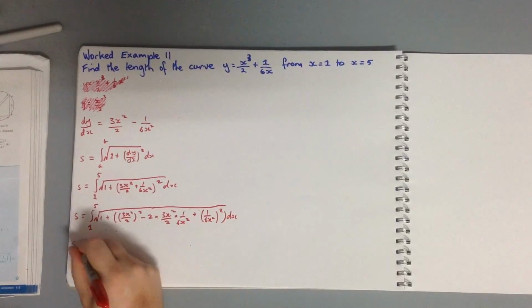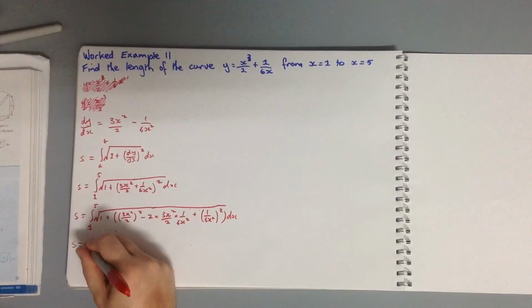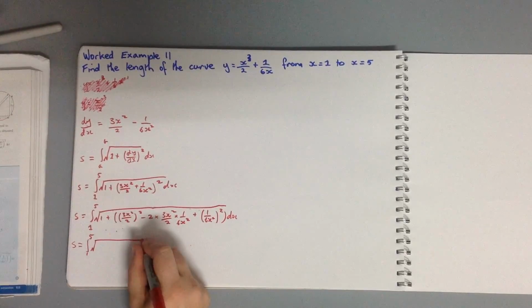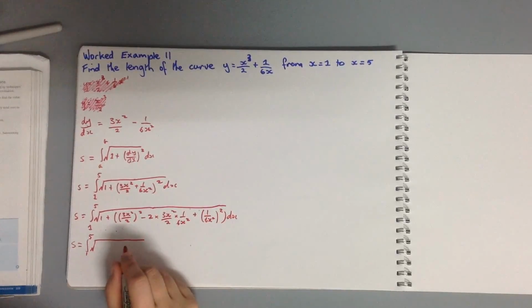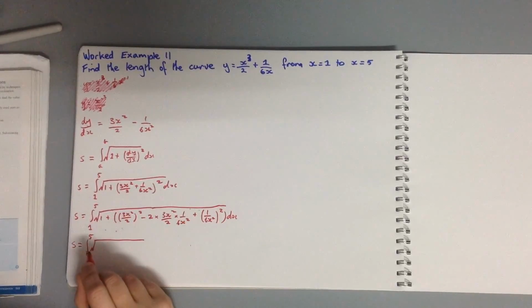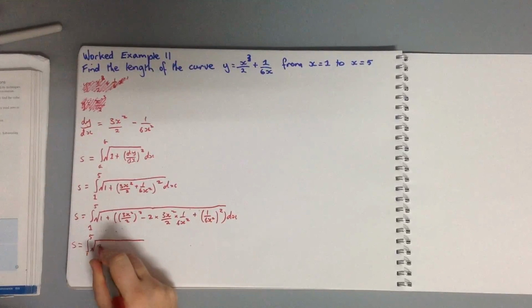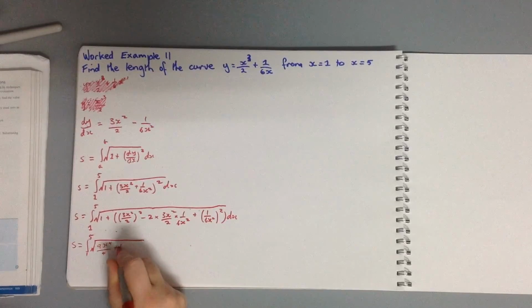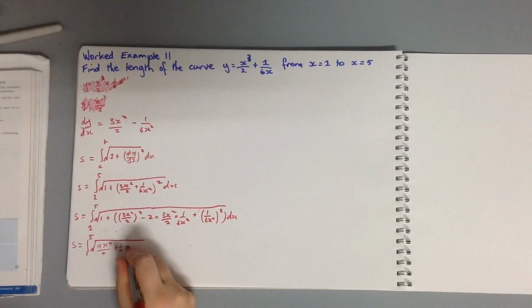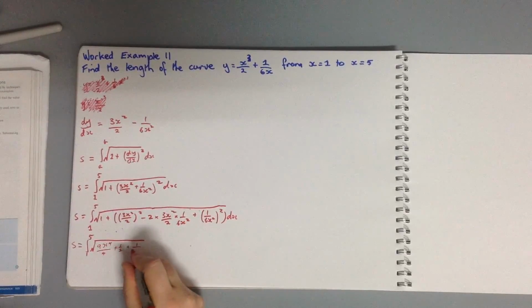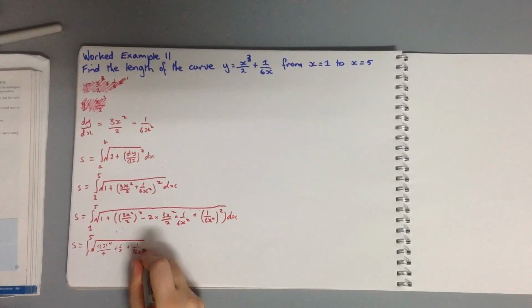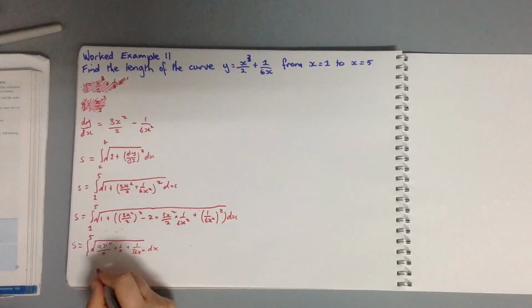Okay, so that goes down to the integral from 1 to 5 of the square root of, we can simplify everything down, so we get 9x to the 4 on 4 plus a half plus 1 on 36x to the 4 dx.